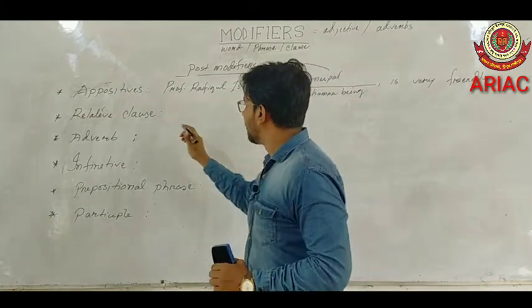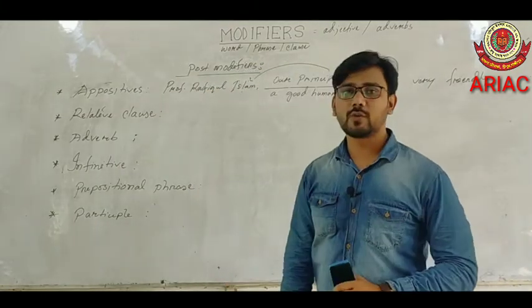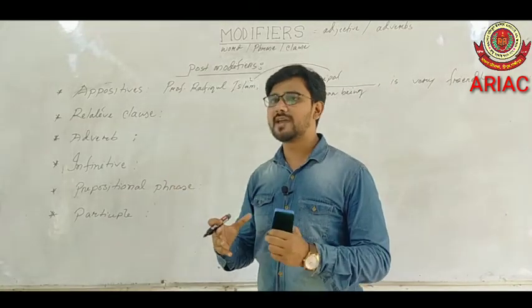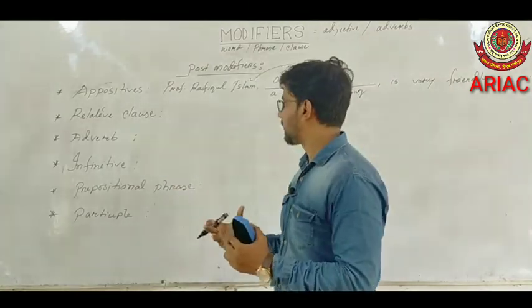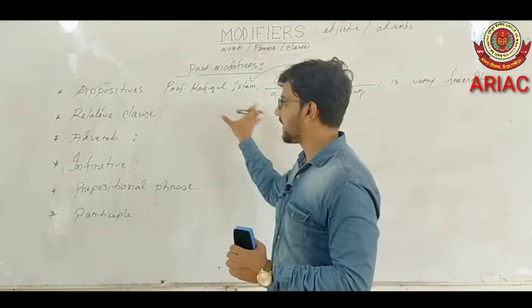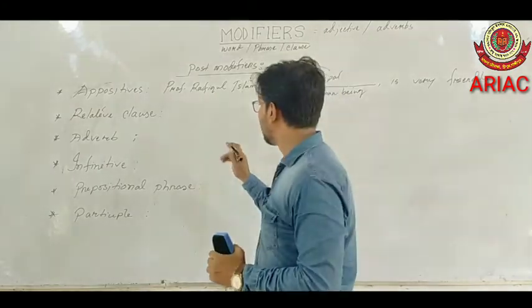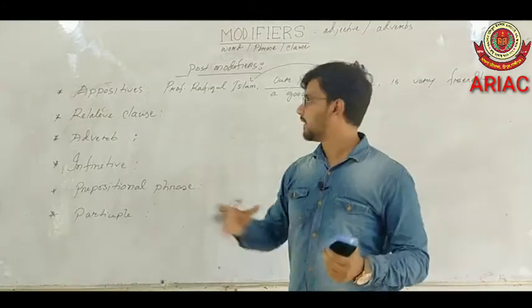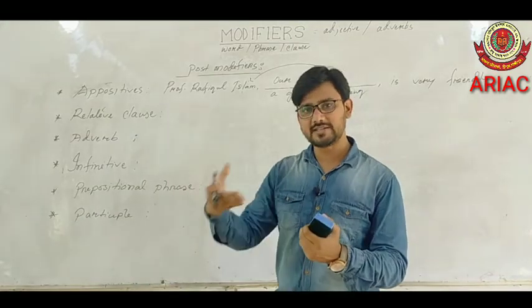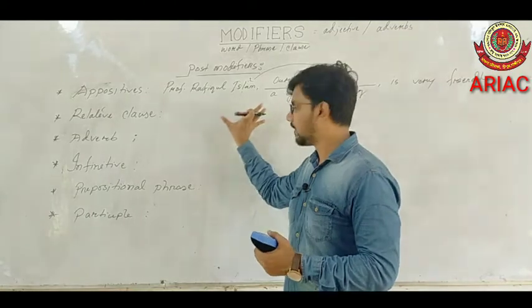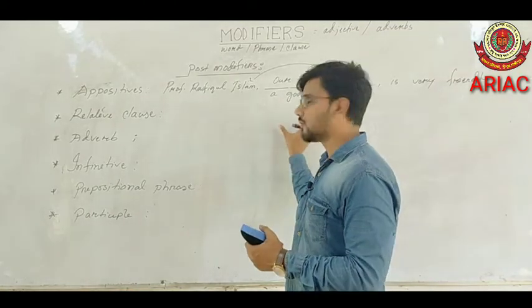Next one is the relative clause. What is a relative clause? A relative clause is known as an adjective clause, a clause that modifies a noun. It starts with a relative pronoun that modifies the antecedent noun.